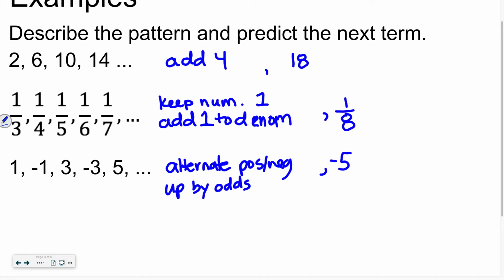So how do I know that I wouldn't write 1, -3, 5, -7? I mean, that fits that description too. A positive, and then it's opposite, and then it's all odd numbers.